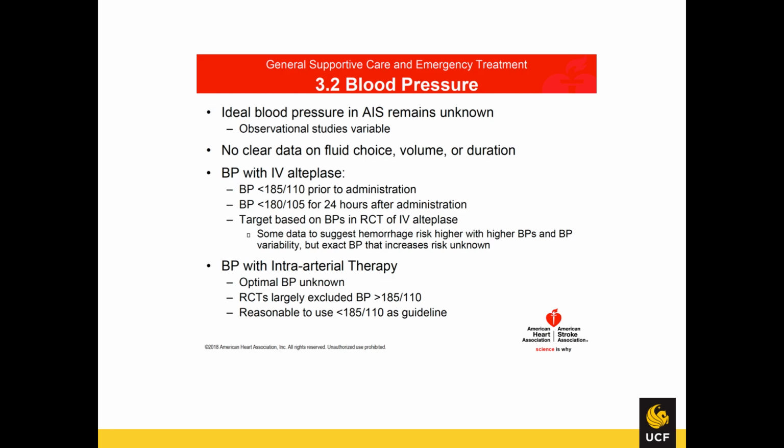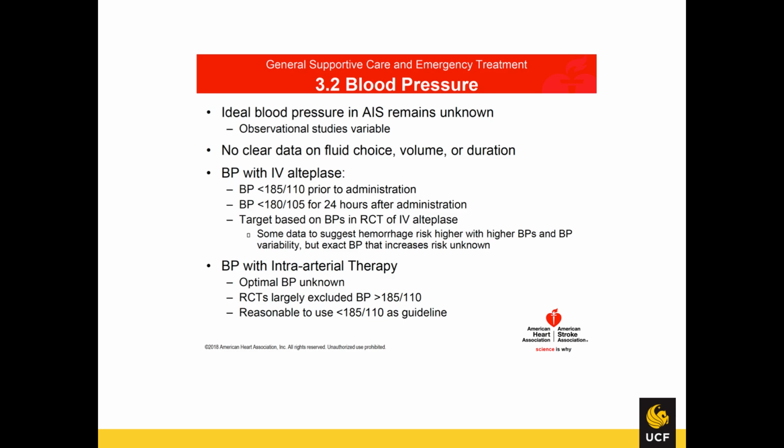Some data suggest hemorrhage risk is higher in patients who have higher blood pressure, or a lot of variability in their blood pressure, but the exact blood pressure measurement that actually increases that risk is really not known. So again, the rule of thumb: less than 185 over 110 prior to administration, less than 180 over 105 for 24 hours after the administration. We don't want to risk blowing out a vessel.